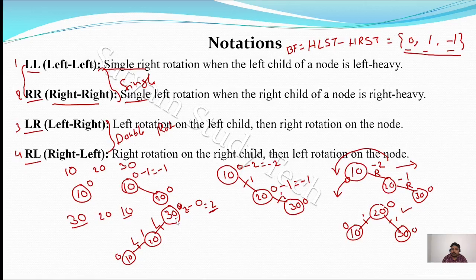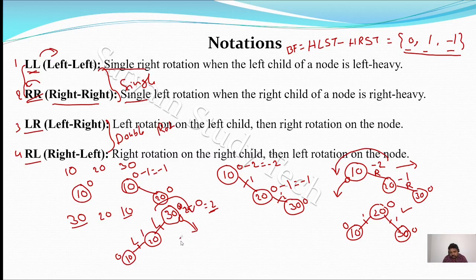You have to perform the opposite: LL means right rotation, and RR means left rotation. So here, since it is left, perform a single right rotation. Just take the thread here and pull down in the right direction.